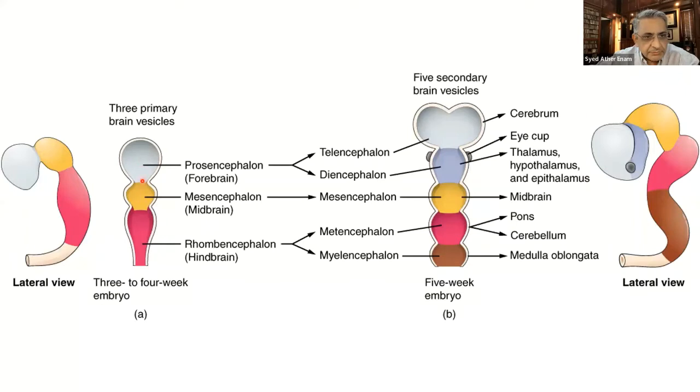Now this prosencephalon is going to produce two further divisions. One is the diencephalon, which will end up producing the thalamus and the hypothalamus, and obviously the optic vesicles will come out of it, and then the forebrain, the cerebrum. Now with these cerebral vesicles, the telencephalon, notice how they are curving backwards.